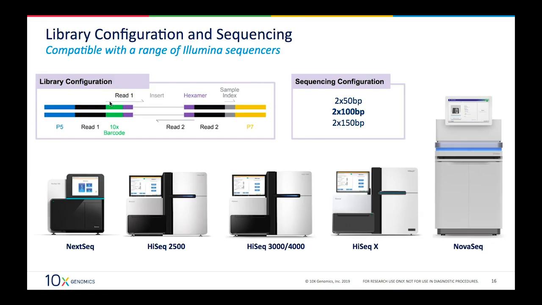To sequence single-cell DNA libraries, we recommend sequencing a configuration of 2 by 100 bases. However, you can go lower than that and do 2 by 50 bases, or you can go longer if you're interested in having more genomic context. And the libraries are compatible with all of the Illumina sequencers that are tested in here.